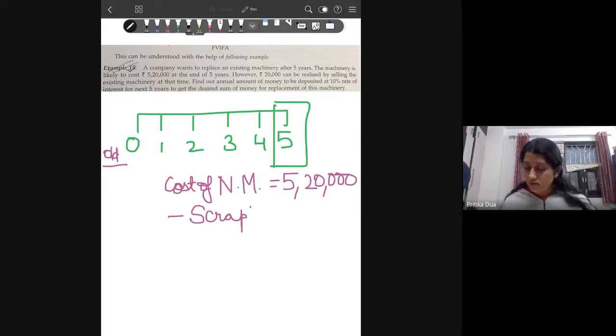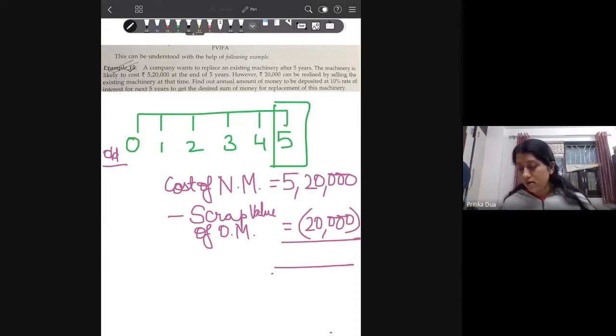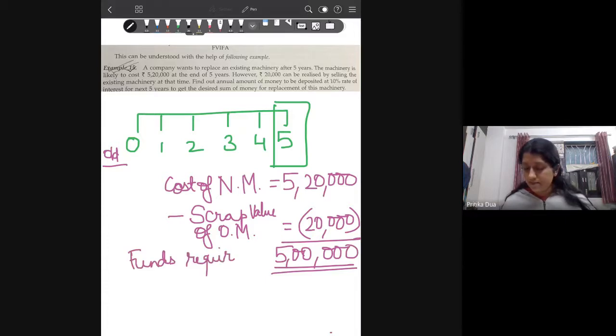Scrap value of old machine is 20,000. So effectively, to purchase the new machine at the end of fifth year, the total sum required or funds required are rupees 5 lakh. Okay, this is the first piece of information given in the question.